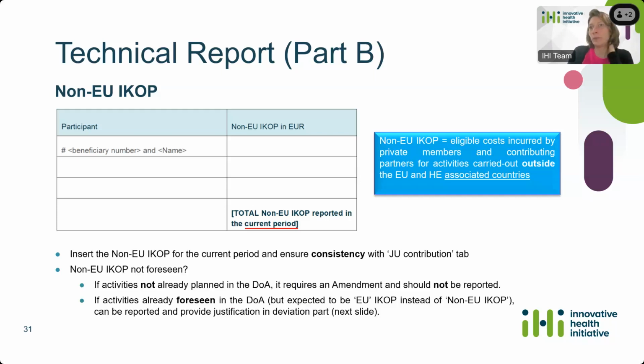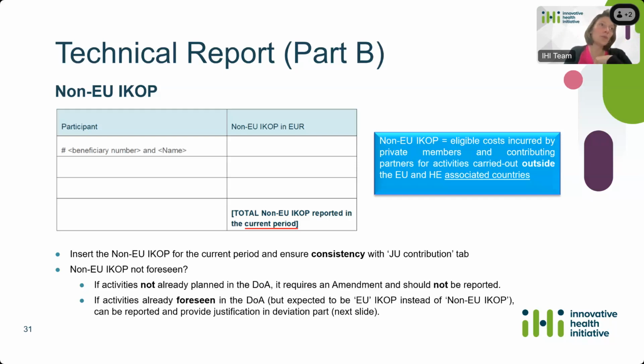And the same principle needs to apply as for the financial contribution. So in case you need to declare some non-EU IKOP that was not foreseen, but it is linked to an activity that is totally new, then it would normally require an amendment, and then it should not be reported in this periodic report.